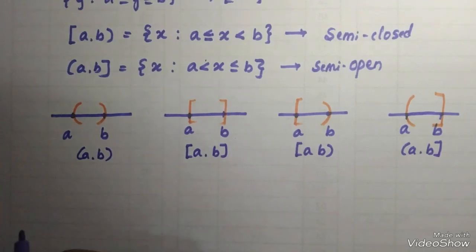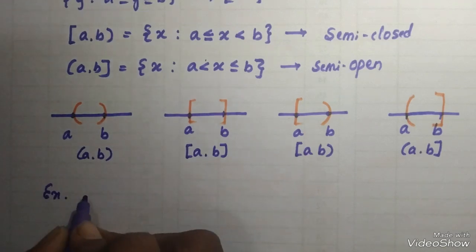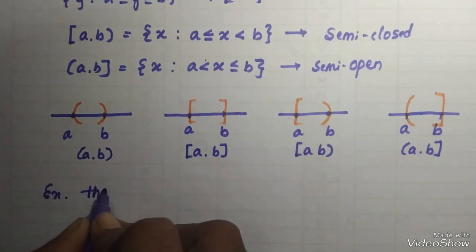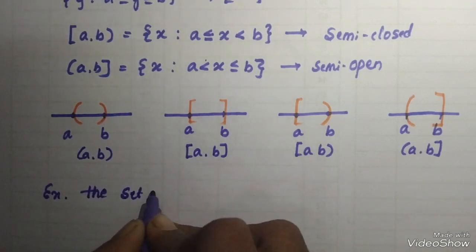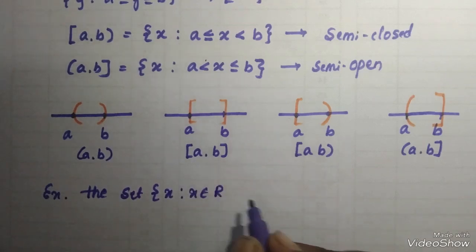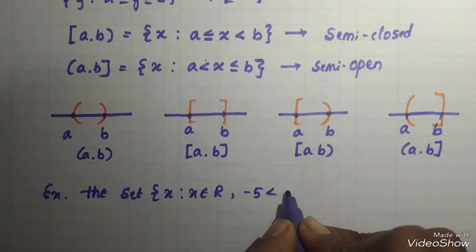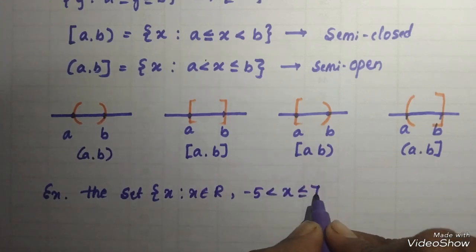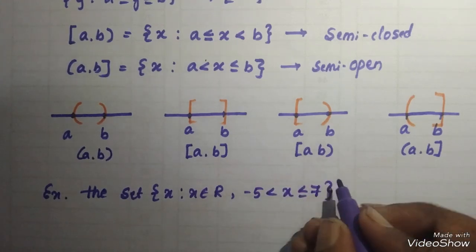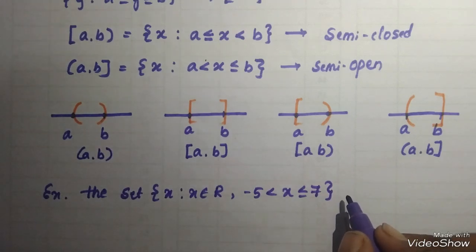Here I consider one example. The set x, x belongs to R, such that 5 is less than x less than or equal to 7. It is written in set builder form.